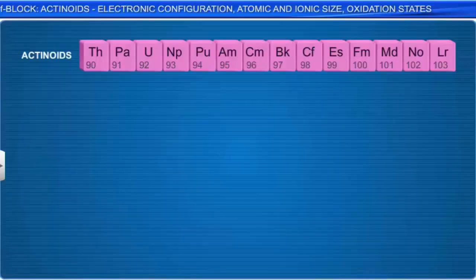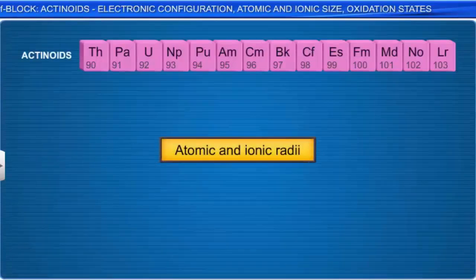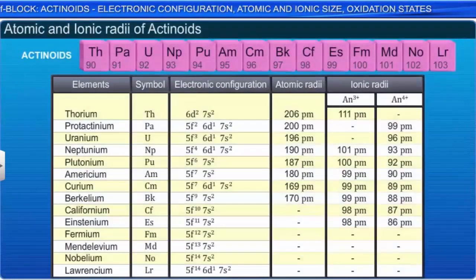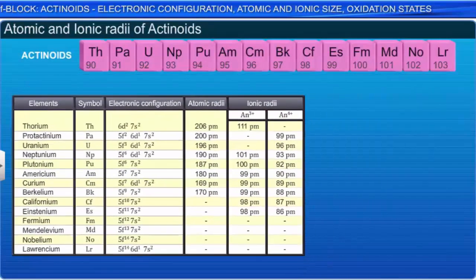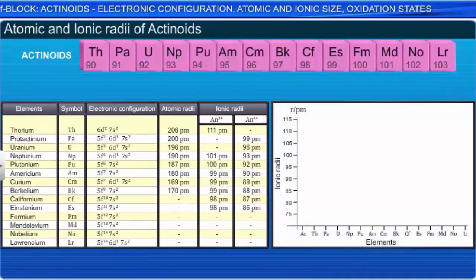Now, let's look at the atomic and ionic radii of these elements. The atomic and ionic radii of the tripositive and tetrapositive actinoid ions are given in the table. As you can see, there is a steady decrease in the ionic sizes of the tripositive and tetrapositive ions.